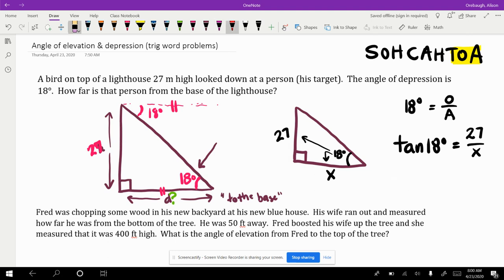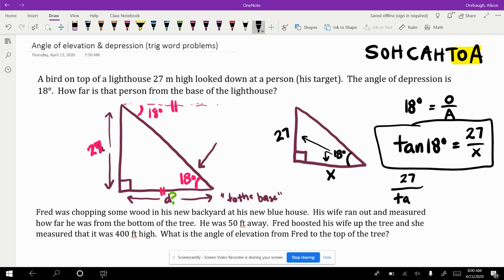This looks good, but to solve for X, I'm trying to think of the clearest way to say it. Basically, we're just going to switch the X and the tangent. So we're going to put 27, divide by tangent of 18, and that equals X.